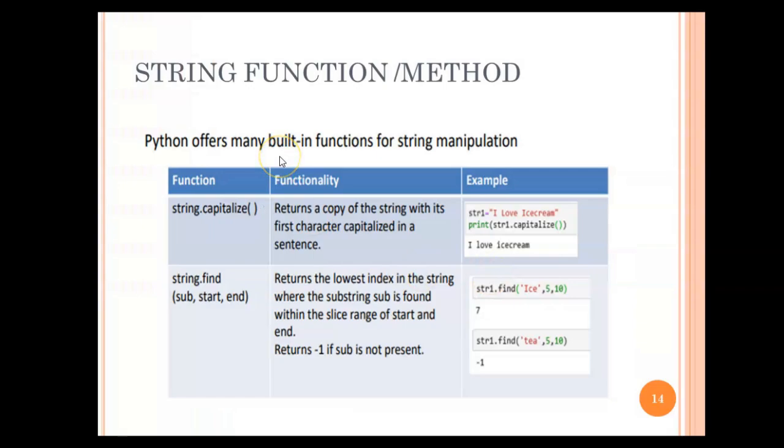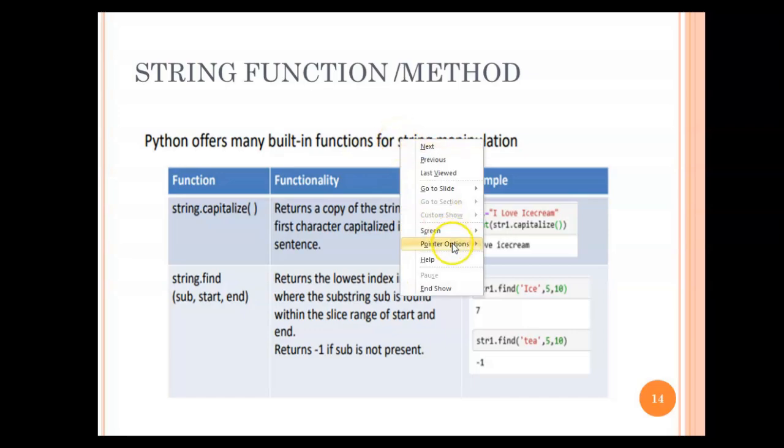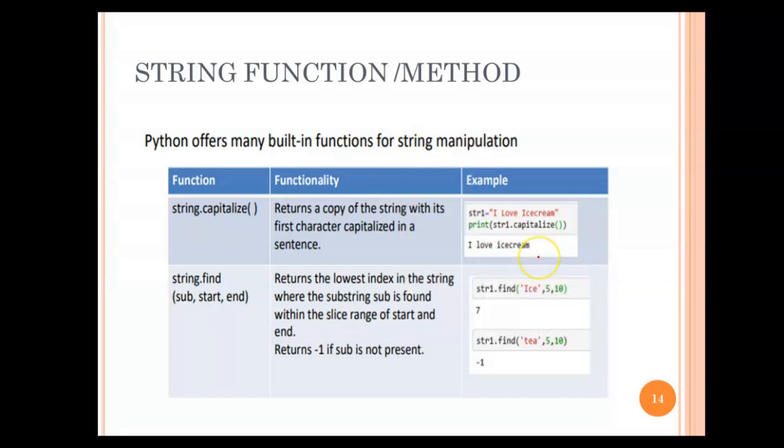In today's class, we are going to start with string functions or methods. If you have any idea, a method is going to do a specific task. The specific task is related to specific working. Some predefined functions are there which will help you do those specific tasks.